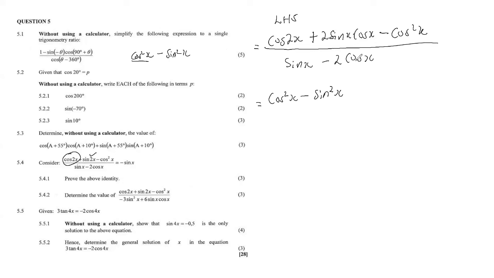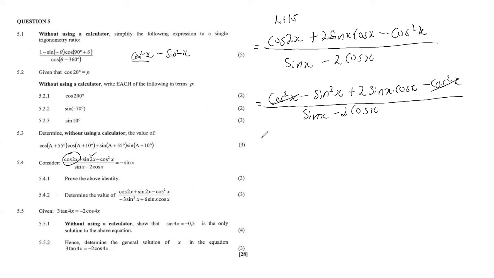Remember here, when you solve this, remember this is simplify, and then you are just trying to break this down to small bits of information that you can now deal with. So we have minus cos squared x over sine x minus 2 cos x. Now look at this. This can now cancel out with that, right?